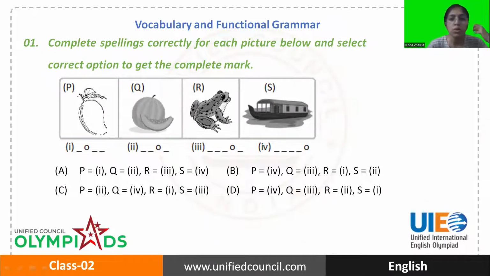So this is a mango, right? It's a mango, which I can fill in this one, yes. Thereafter, in Q we have melon. Okay, this is melon, which I can fill in third.